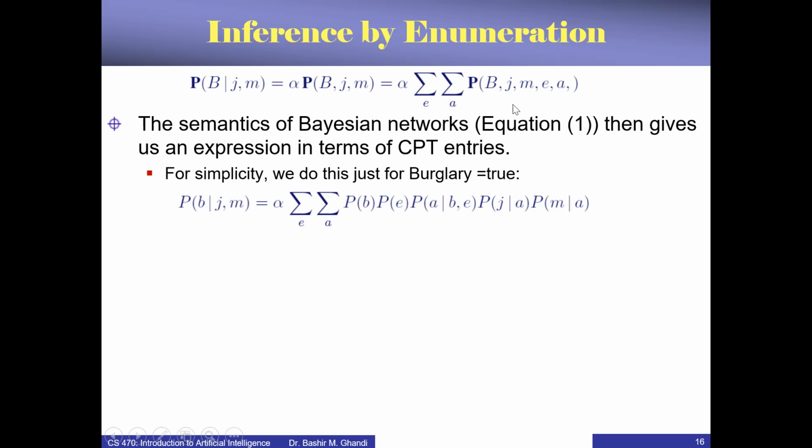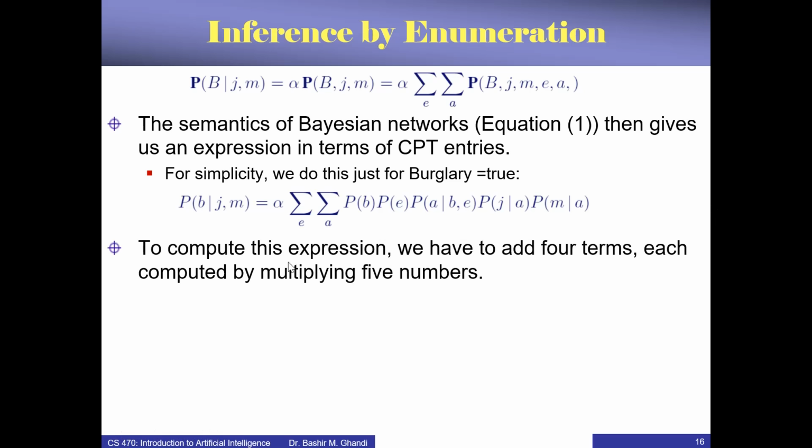And similarly, the probability of J will be a conditional probability given its parent, so P of J given A, and finally for M calls, it's going to be P of M given A. So this is what we obtain directly from the definition of this conditional probability.